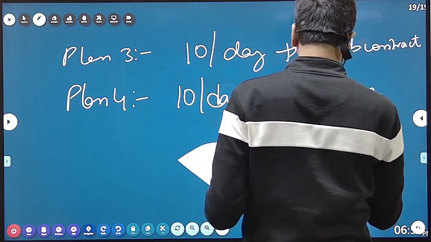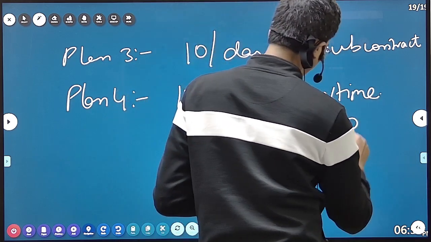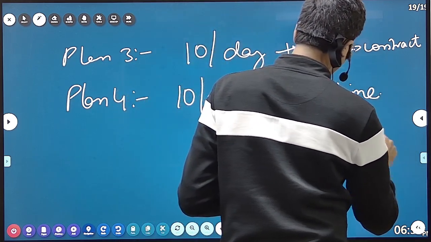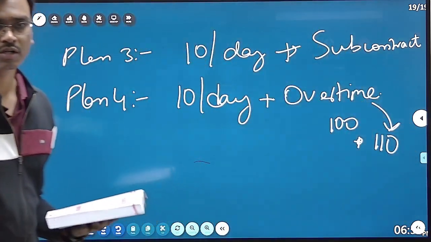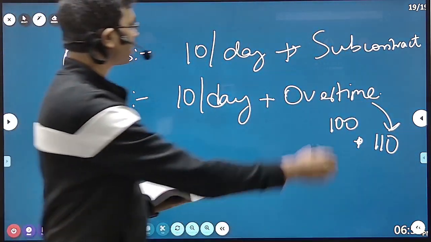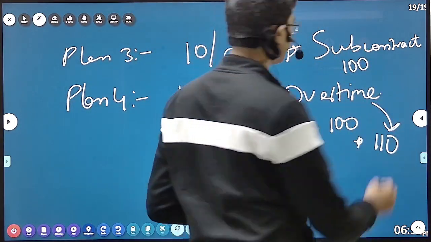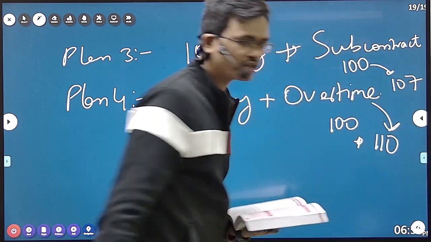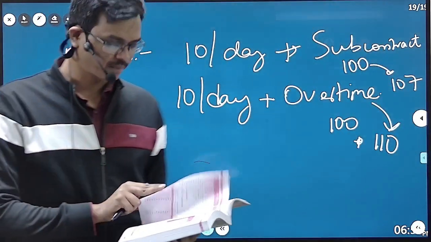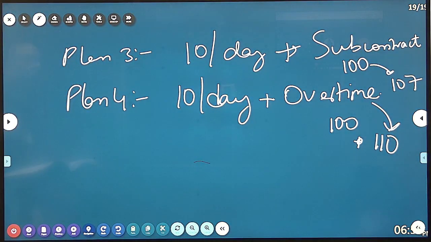So his cost of production is 100, right? So he will add another 10. In overtime it is 110. For overtime it is 110. Okay, and in subcontracting his cost of production is 100 if he manufactures it on his own, but in subcontracting it is 107. So this is the only difference between plan 3 and plan 4, right?